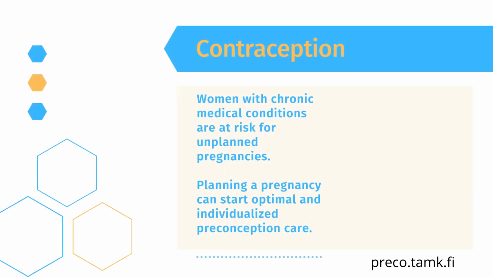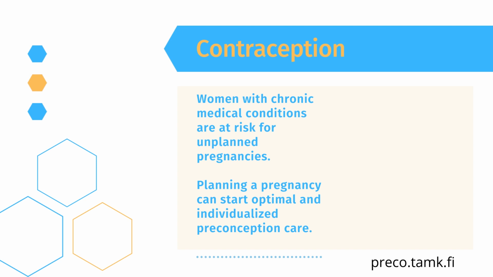Women of reproductive age with chronic conditions are at risk for unplanned pregnancy. This risk is caused by a reduced efficacy of the contraceptive medication due to their therapy. Because women with medical conditions are at higher risk of pregnancy related complications, timing for pregnancy is important.